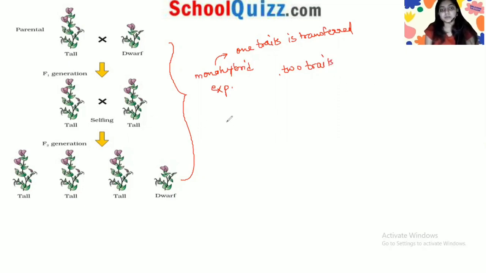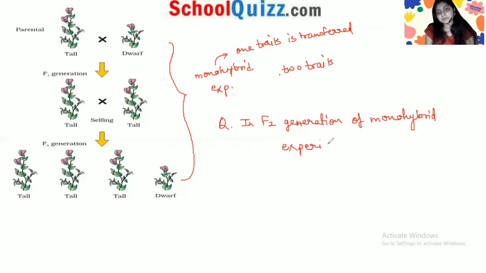Now let's quickly do a multiple choice question. The question is, in the F2 generation of the monohybrid experiment of Mendel's, what did he find?